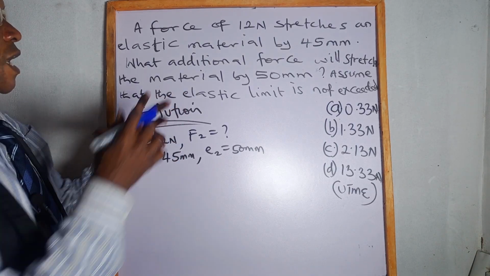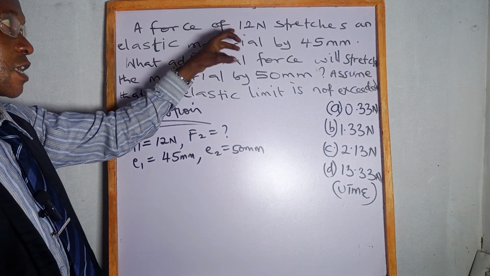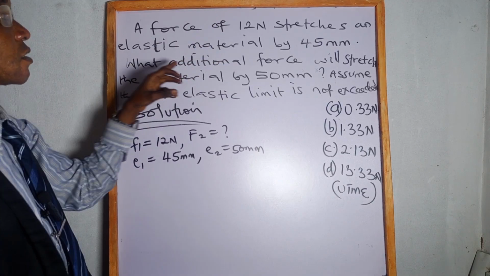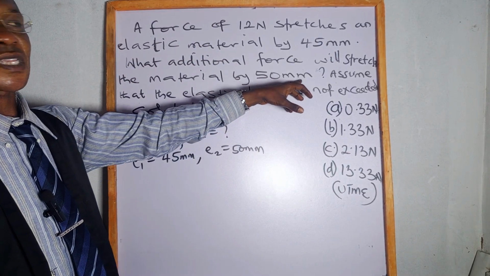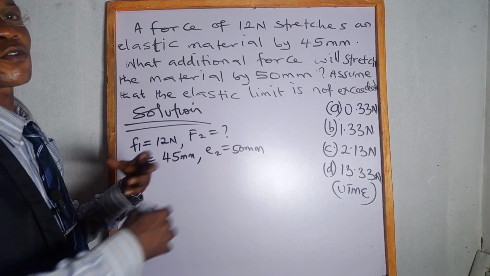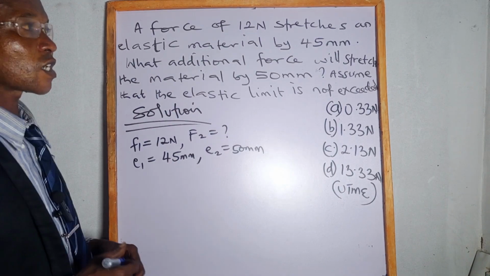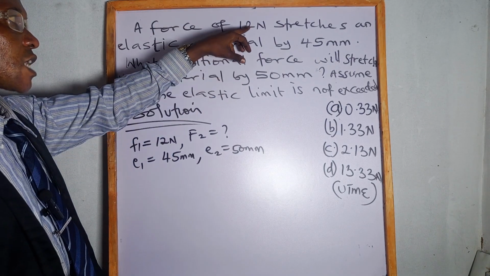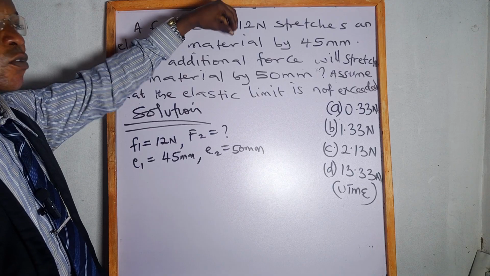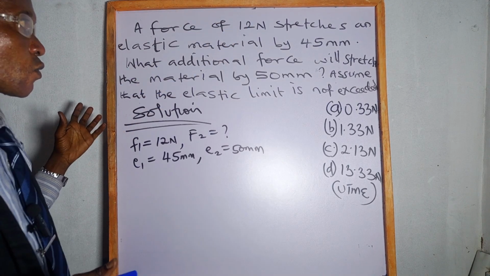Then later we added a certain amount of force again, an amount we don't know. The only thing we knew was that the new extension is now 50 millimeter, that is, the material is now 50 millimeter longer than the original length. So we are now told to determine the actual amount of force that was applied on top of this 12 Newton. That's what we want to do now.